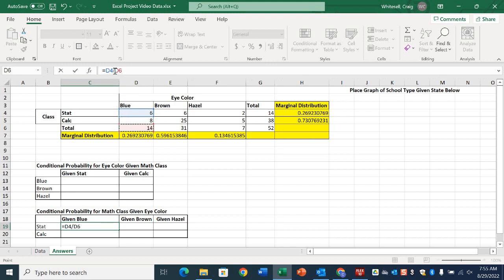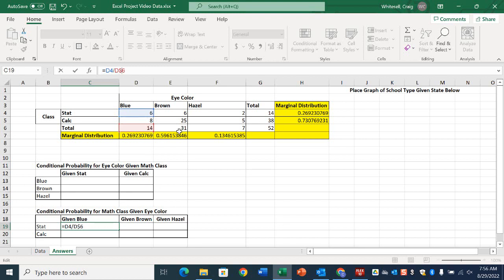And we don't want that denominator to change. We don't want that row to change when I start going down. However, when I start doing brown-eyed and hazel-eyed individuals, I do want the column to change. So I'm going to lock in the row.